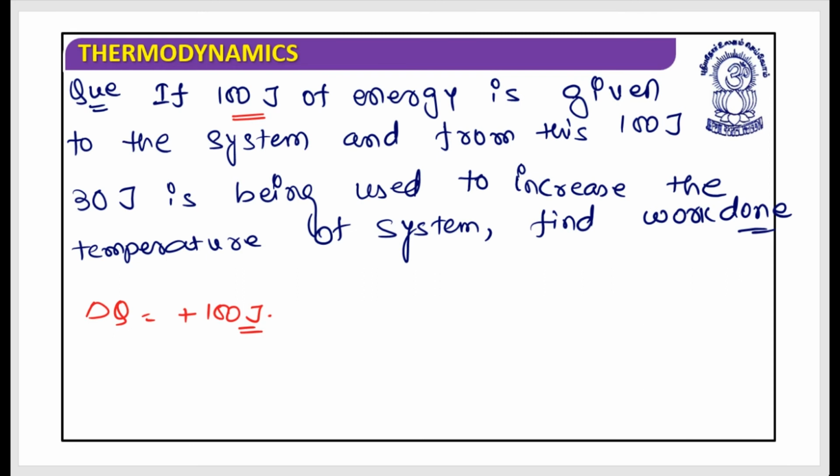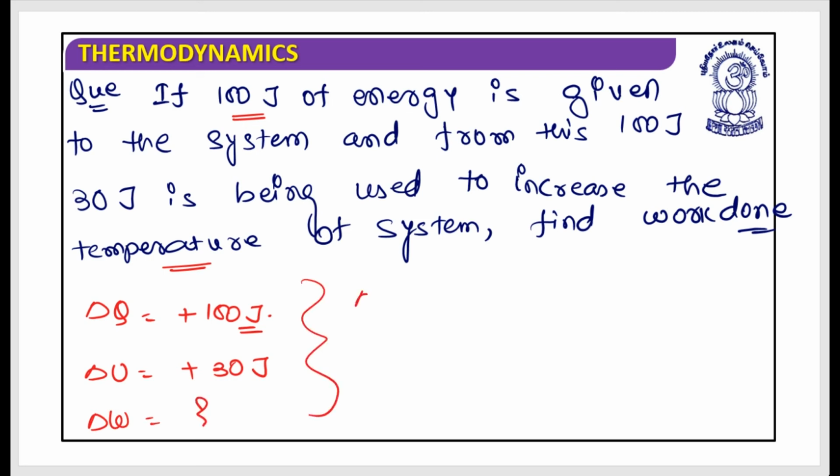I hope this is clear. And from this 100 joule, 30 joule is being used to increase the temperature. As temperature increases, delta U should be positive, so this is plus 30 joule. What I need to find out is the work done, so delta W, or work done, is required.